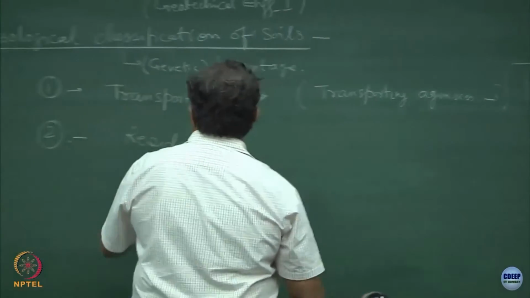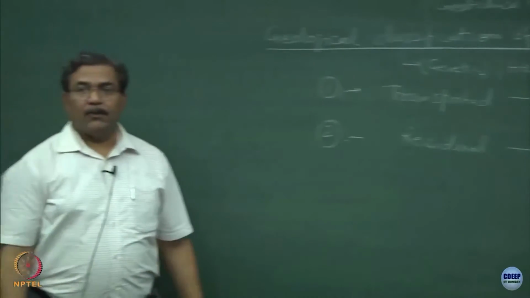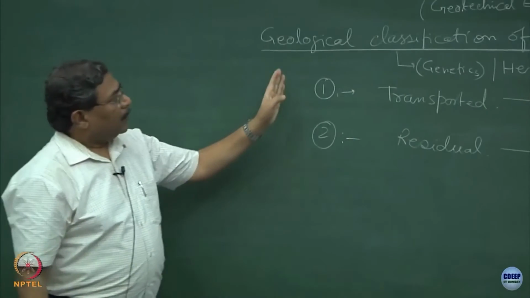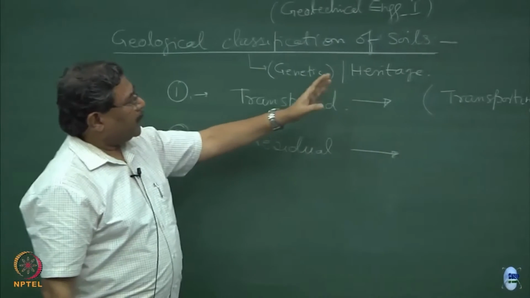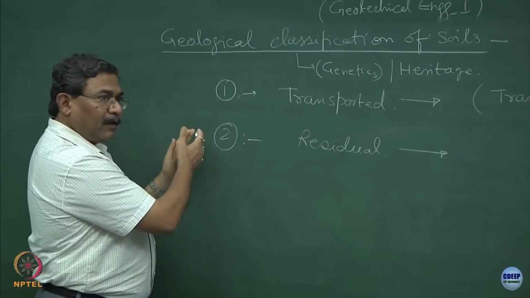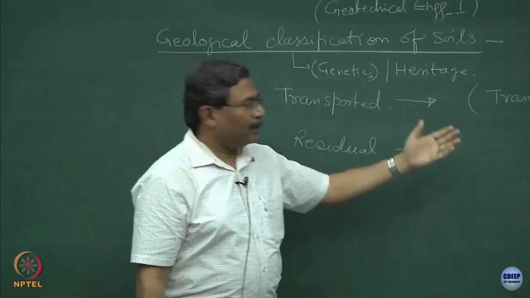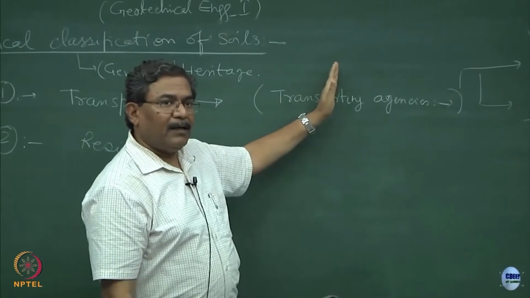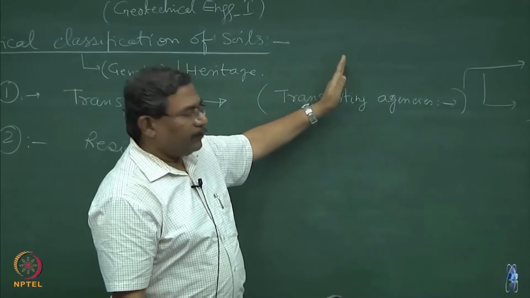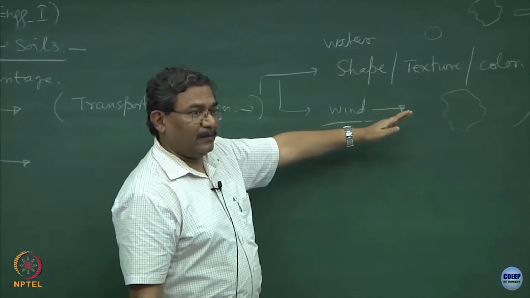The second category is residual. Again I will repeat, the geological classification of soils is like this: soils get formed because of weathering, and then a transportation agency comes in the picture, it transports the material from its original place or the formation place to another formation, which is deposition.